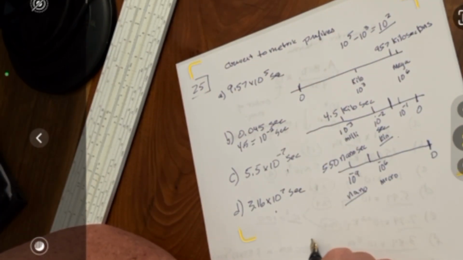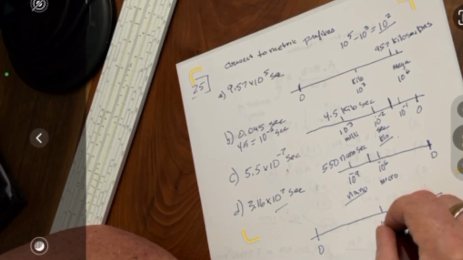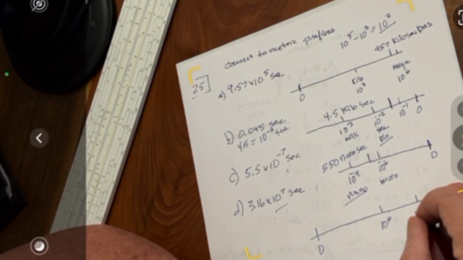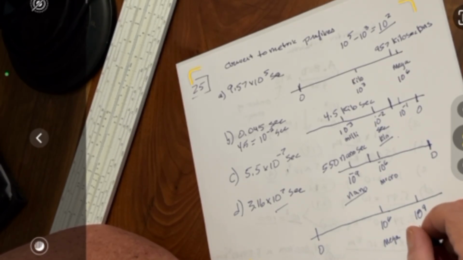And finally, we've got 3.6 times 10 to the 7th. Once again, we're going to have our number line here. 0 is going to be over here because that's positive. So we're going to have a 10 to the 6th here, and we're going to have a 10 to the 9th here. Okay, 10 to the 6th would be a megasecond, and 10 to the 9th would be a gigasecond.